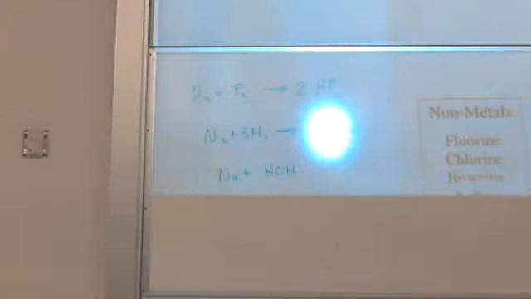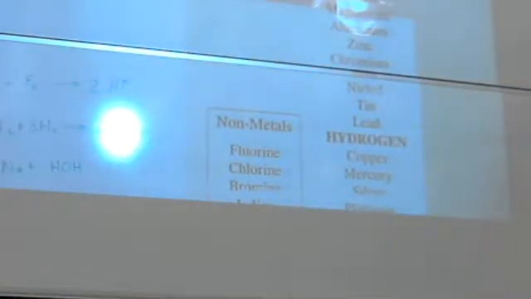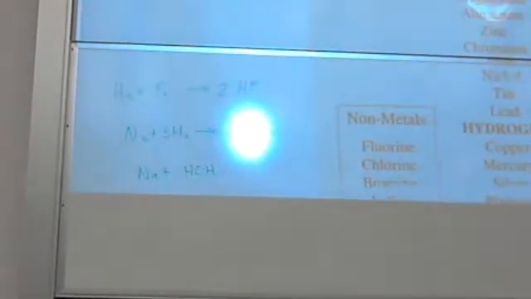Now, single replacement. So who's in competition here? Sodium and hydrogen. So there's an activity series over there. Who's more active? Who wants to be part of the compound? Who is part of the compound? So there's going to be an exchange. The sodium is going to pair up with the hydroxide.